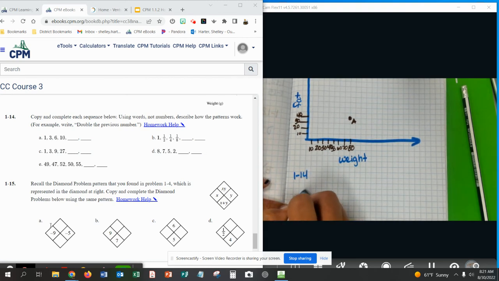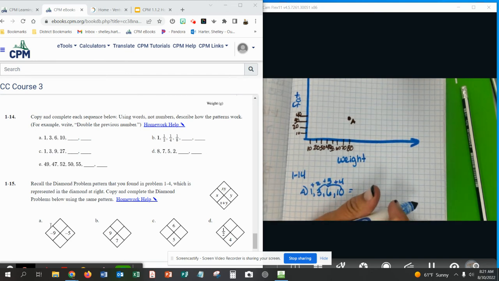A. So for A, you have 1, 3, 6, 10. 1 to 3, that's plus 2. 6 to 10, so it's going up by this. So what you're going to say is it's going up in a sequence of 1, 2, 3, 4, 5. So that's what you're going to write.